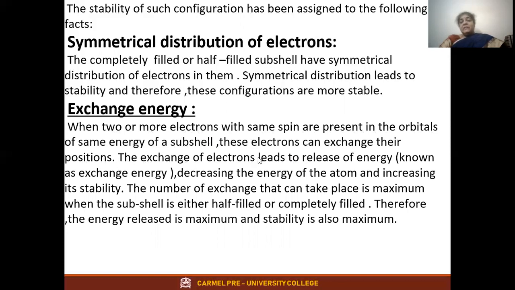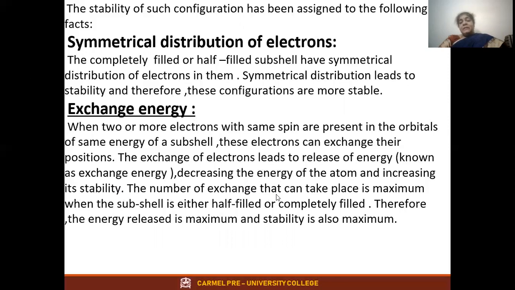The exchange of electrons leads to release of energy, which we call exchange energy, decreasing the energy of the atom and increasing the stability. Students, make a note: if the energy of an atom decreases, the atom becomes stable.